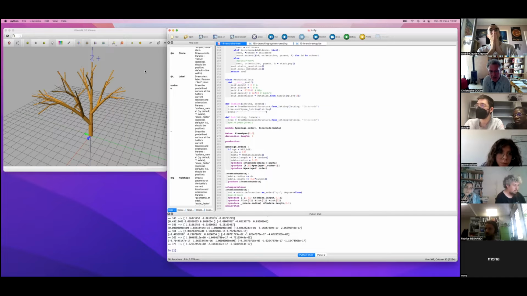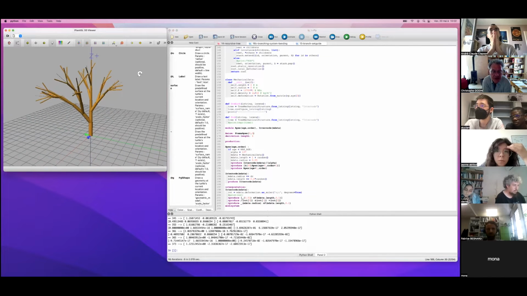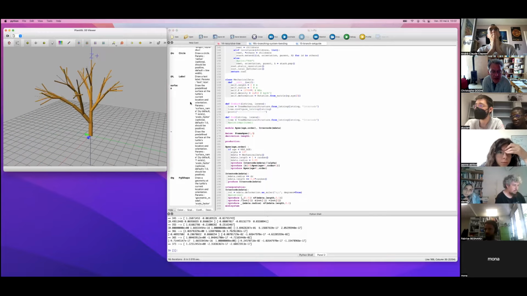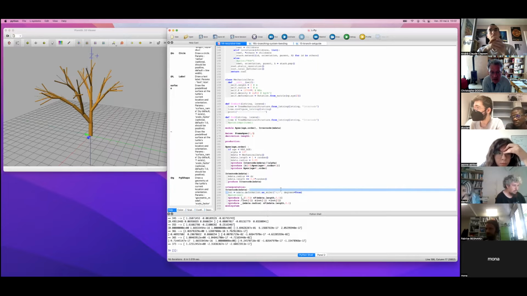So how do you use the deformation? Okay, so you get the piece of information corresponding to the deformation for each segment. So the deformation is used here. So I get the information.